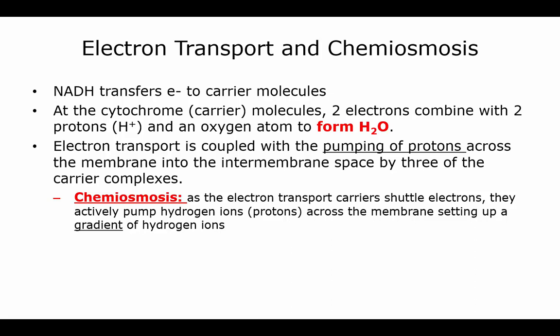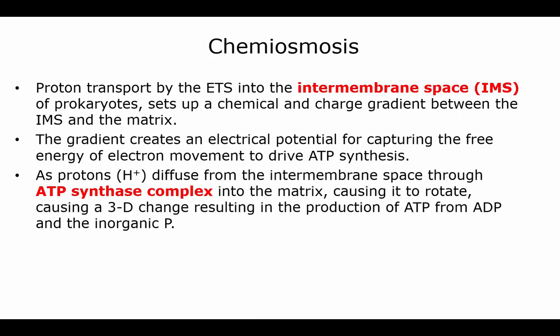When we talk about chemiosmosis, these are the electron transport carriers that shuttle the electrons. They actively pump those hydrogen ions, those protons, across the membrane, and that causes a gradient of hydrogen ions. And they actually pump it into the intermembrane space of prokaryotes, and that causes that gradient between the intermembrane space and the matrix.